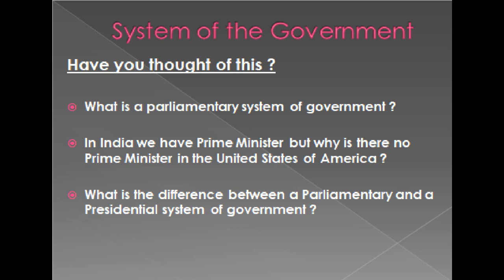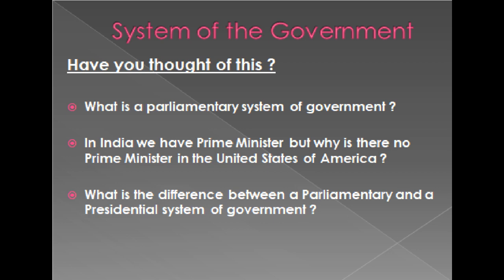Now, what is the difference between a parliamentary system and the presidential system? Well, the major difference between these two systems is that in a presidential system like the one in the United States of America, the president is directly voted upon by the people. The people are directly voting for Donald Trump, and the president is answerable to the voters rather than the legislature.